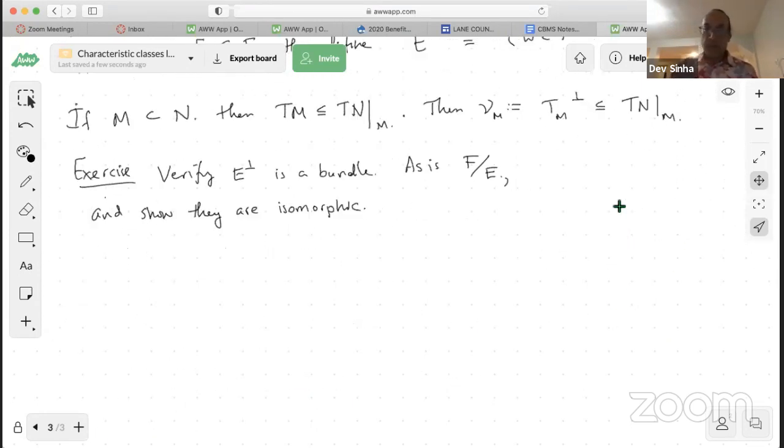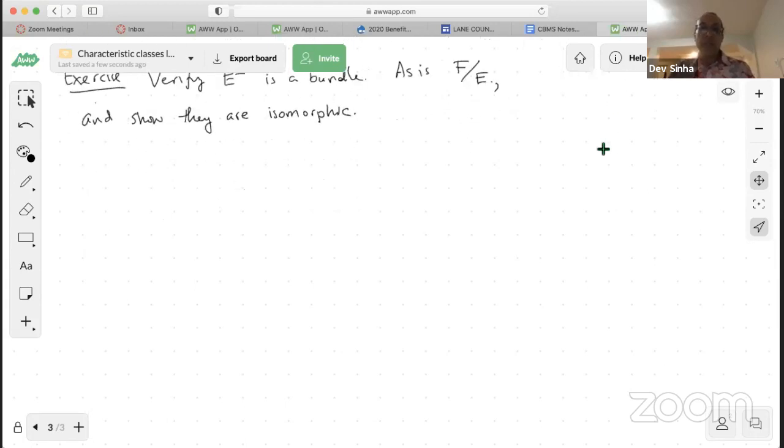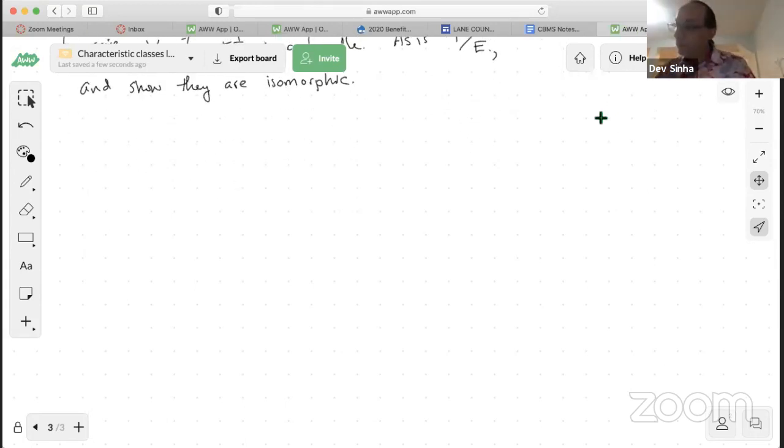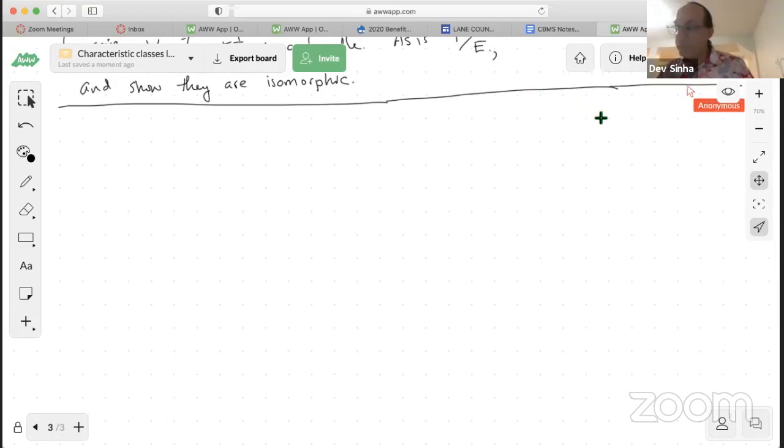So metrics are actually easy. And the reason is, well, let me introduce a bit of notation. This is not in Milnor and Stasheff or anywhere. Maybe somebody wants to look up and inform me if there is a standard name for this. I'm going to call it a tame vector bundle.